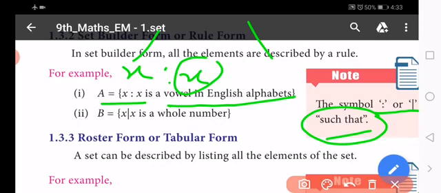After we have written the description, we use the curly brackets and we take any name for the set. In this, the colon stands for "such that", and the braces stand for "the set of all".